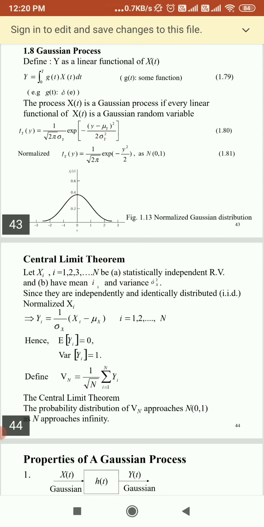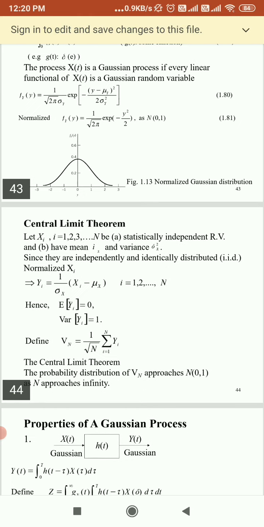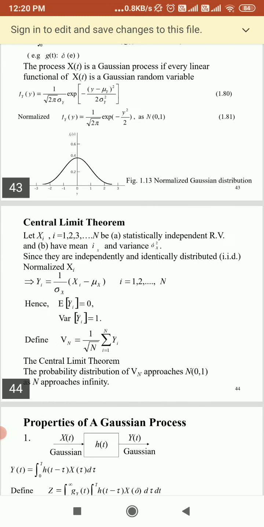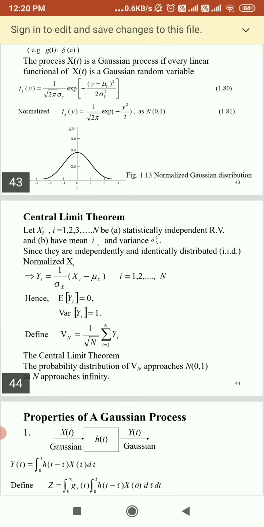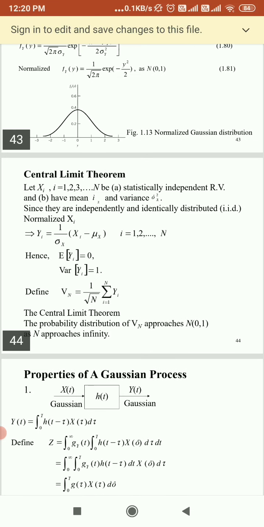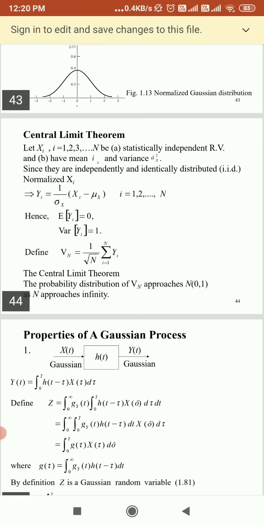So here now we can see some properties of the Gaussian process. For that we are supposed to see the central limit theorem. So if we are considering Xi, i equal to 1, 2, 3 up to n, to be statistically independent random variables, and they will have mean mu x and variance sigma x square.